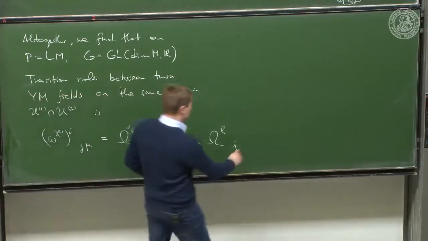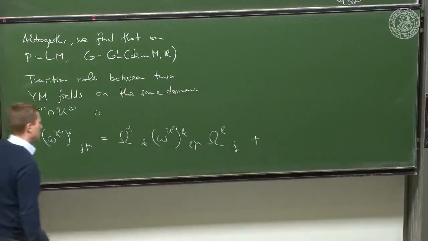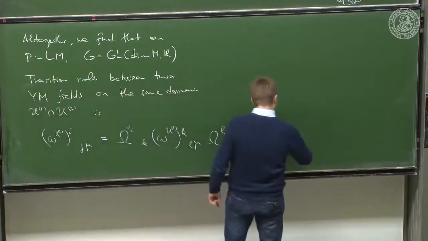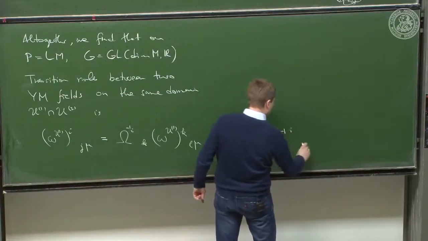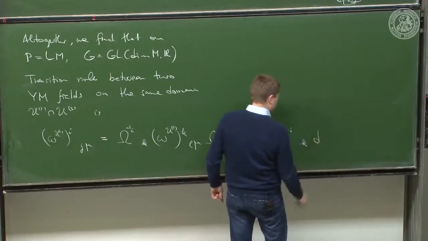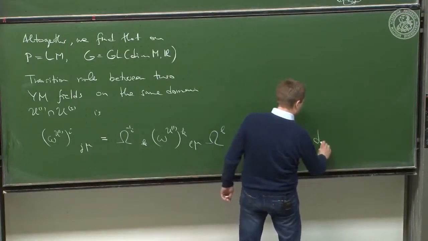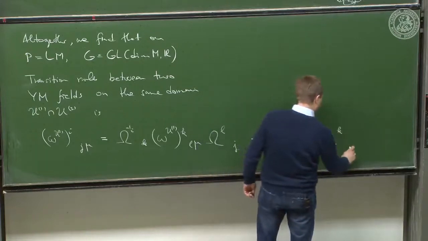And then there is the piece from the pullback of the Maurer-Cartan form. And there we saw that's also an omega inverse ik. And then here we have the d in the sense to be understood as defined before, d omega KL.